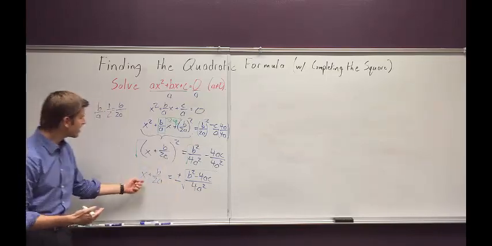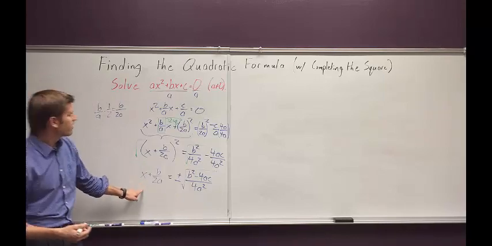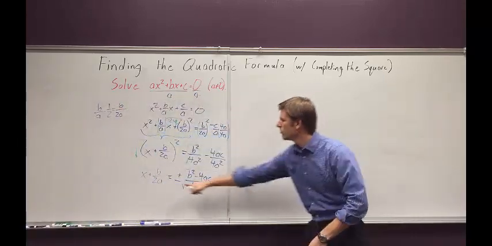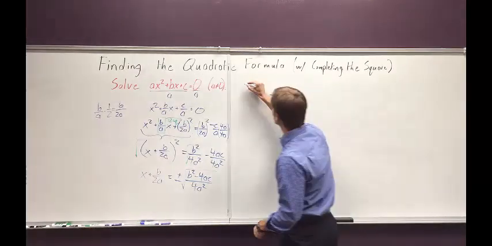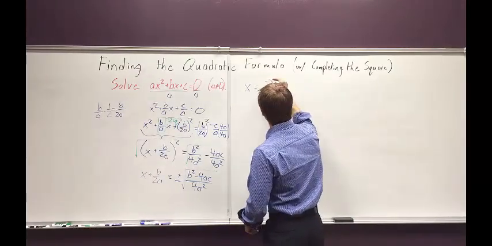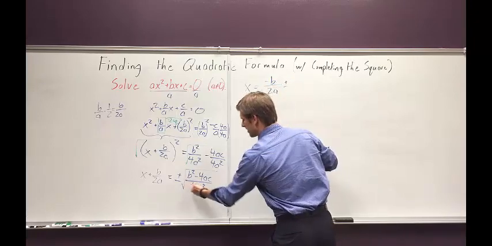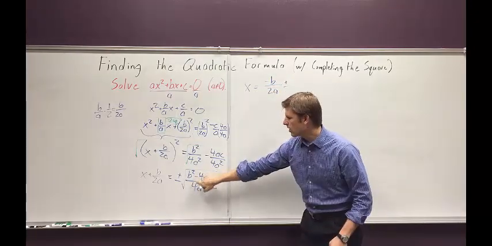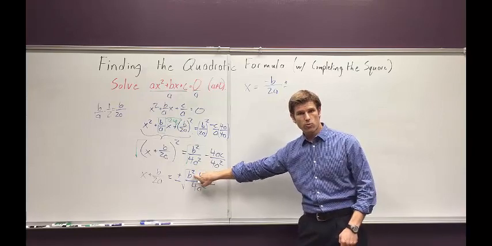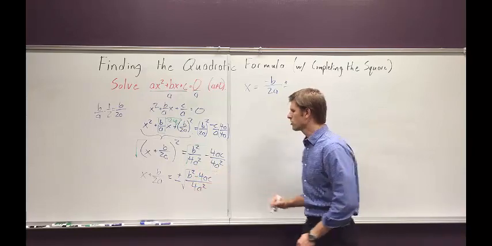So I'm really close to home free. Let's move this over to the other side. So I've got x equals negative b over 2a plus or minus this square root. Now, the square root of a fraction, I'm allowed to square root the numerator and square root the denominator.